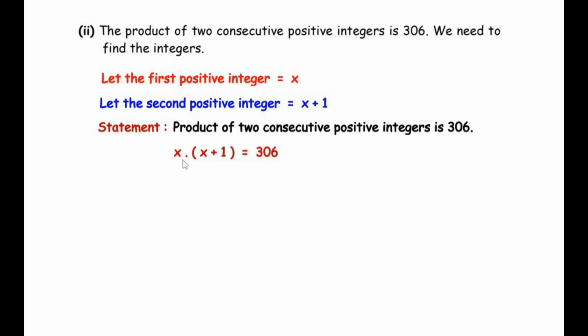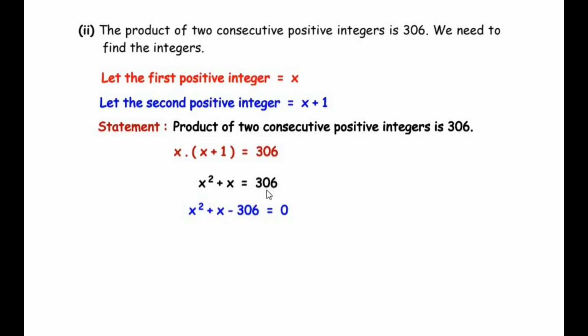Now in the next step, we are going to expand this bracket, giving us x times x gives x square, x times plus 1 gives plus x, is equal to 306. Now taking 306 to the left hand side, we get x square plus x minus 306 is equal to 0. So this is the quadratic equation formed when we take the product of these two consecutive positive integers.